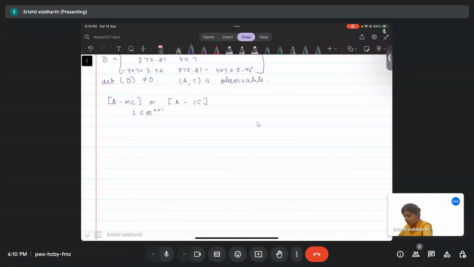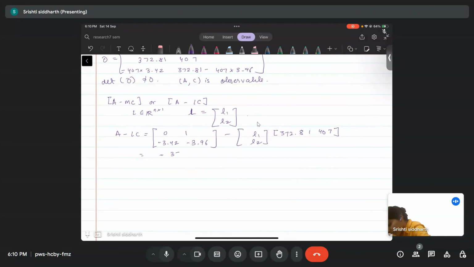So L equals L1, L2. So we have A minus LC as 0, 1, minus 3.42, minus 3.96, minus L1, L2, times 372.81, 407.